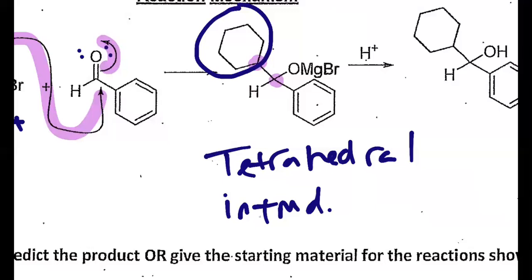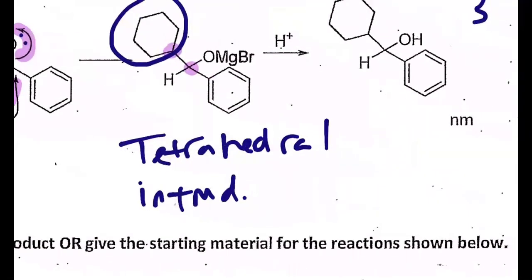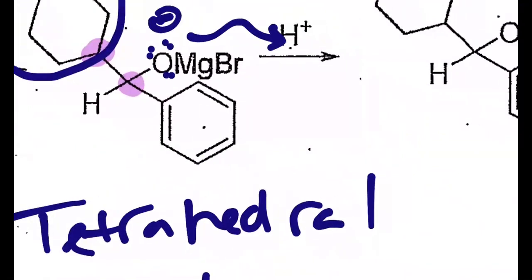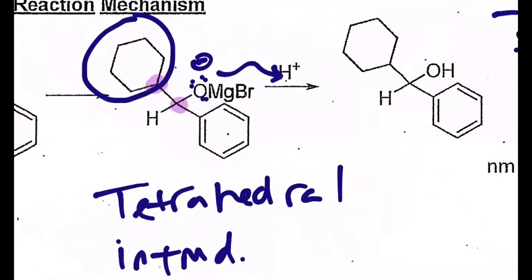So they make a salt. And then when you protonate that with your acid, whatever acid you use, so that's negative, that's gonna attack H plus. And that's where the OH group comes from over here. And that's the product. Mm-hmm.